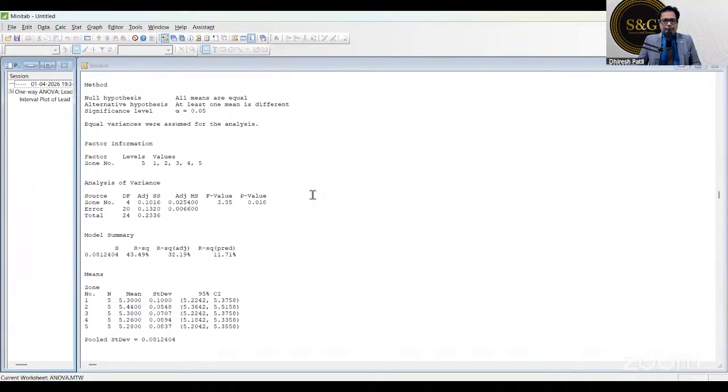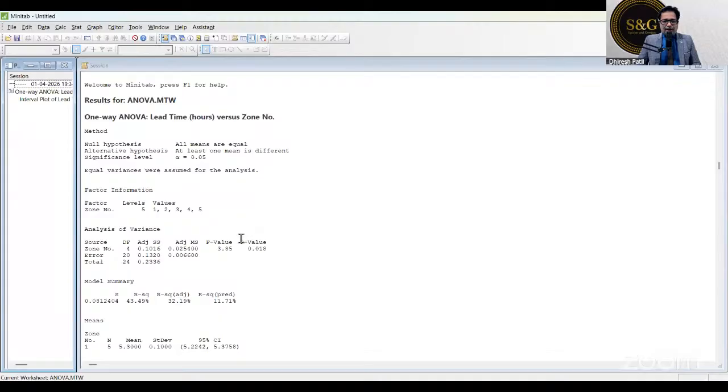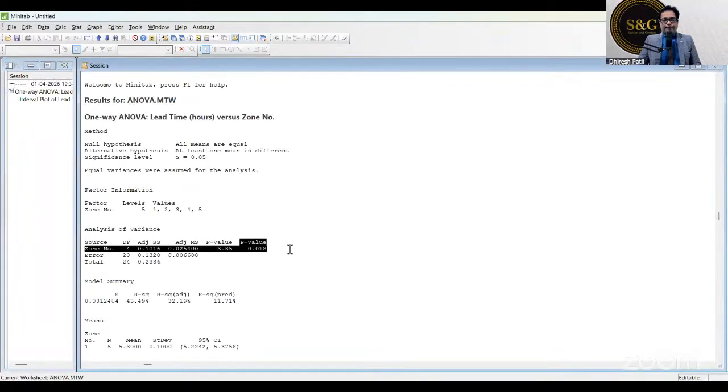Once you scroll up, you will see a P value here, which is 0.018. Now it is less than 0.05. So we have to reject null hypothesis, which means there is a statistically significant difference.